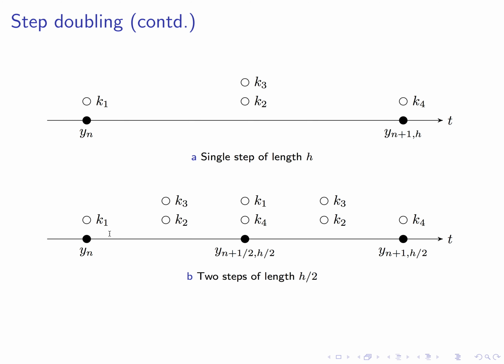Now if we were to use a 2-step solution, so we do one step of half h and another step of half h, we need k1, k2, k3 and k4 as our stage values, and then we have k1, k2, k3, k4. So in total we have 11 stage values. Now you may count these up and say, hang on, it should be 12, but this k1 is going to be the same for both the single step solution and the 2-step solution.